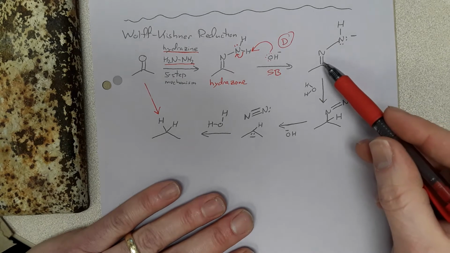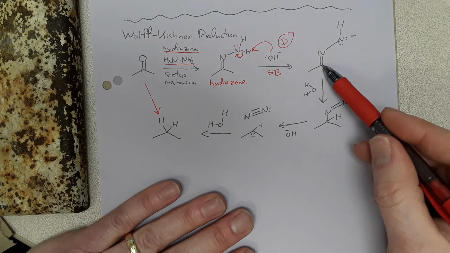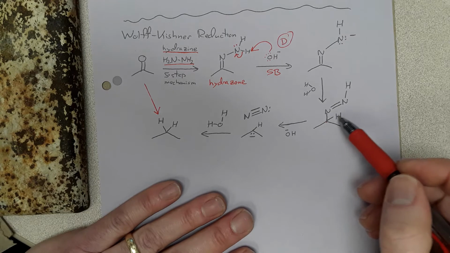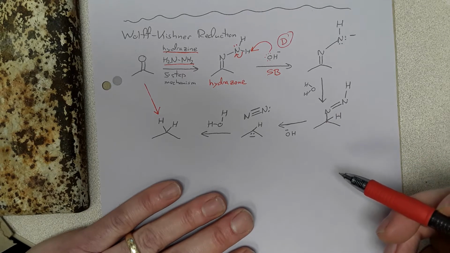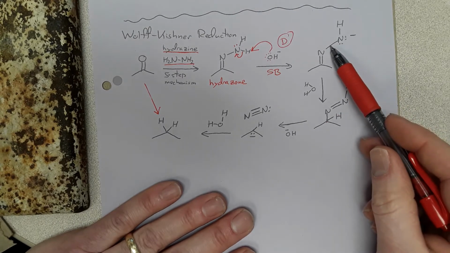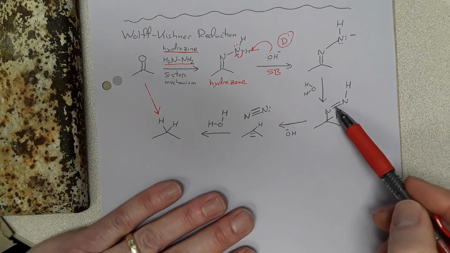There is a double bond to nitrogen from this carbon here, and now that is converted into a single bond to nitrogen, and we have a hydrogen there. So where did that hydrogen come from? We also have a single bond here, and now it's a double bond.